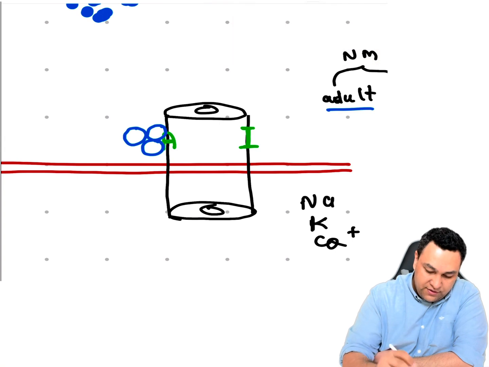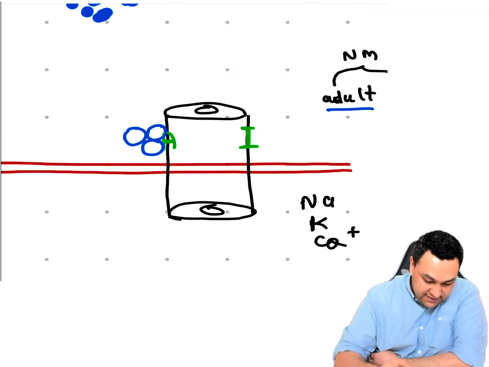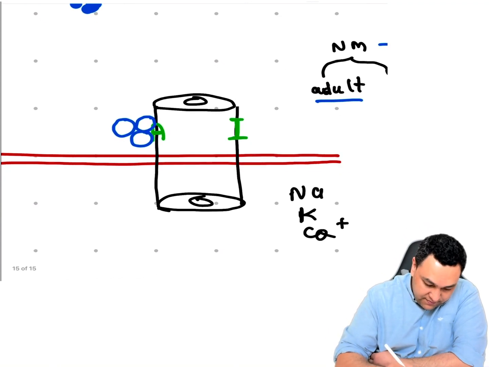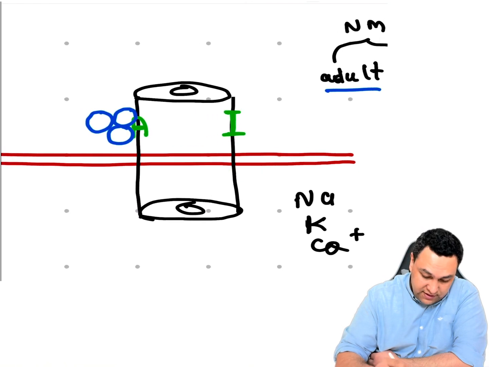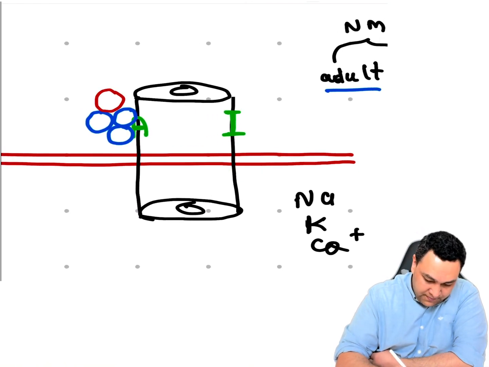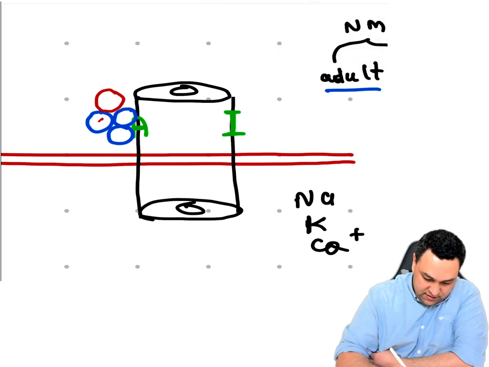The main subunit which differs from the infant is that the gamma subunit is in infants, and the adult has the epsilon subunit. Alpha, beta, delta, and epsilon.